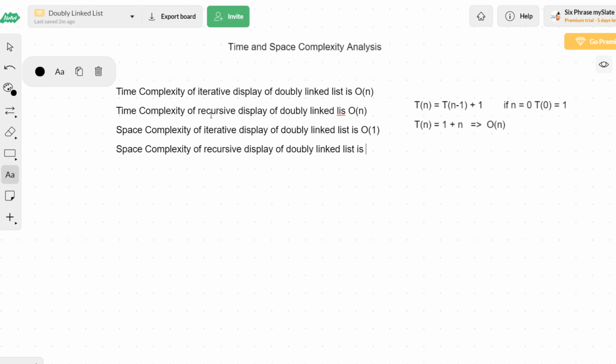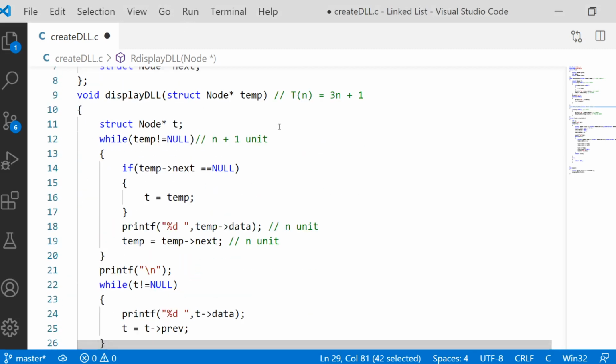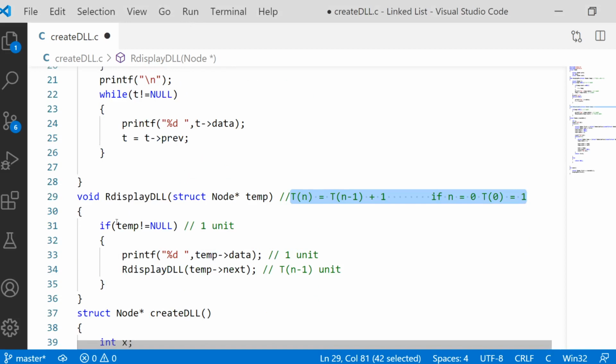For displaying n elements, we have already seen the main memory analysis, where n plus 1 activation records were created. How many times will the recursive call happen? It's not a loop, it's a recursive call; n plus 1 times. For every node one recursive call, and for null also one recursive call, totally n plus 1.